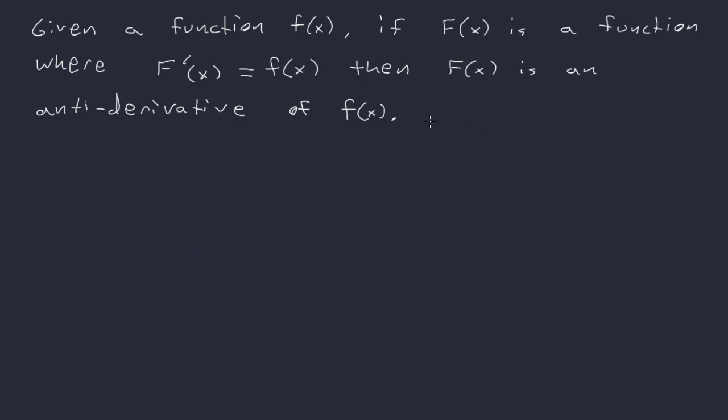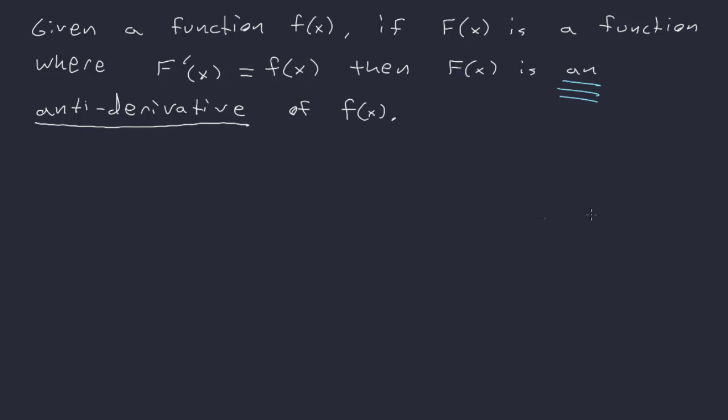Let's start with the definition. Given a function, a little f of x, if capital F of x is a function where capital F prime of x is equal to little f of x, then capital F of x is an antiderivative of little f of x. This word here, an antiderivative, is very important.